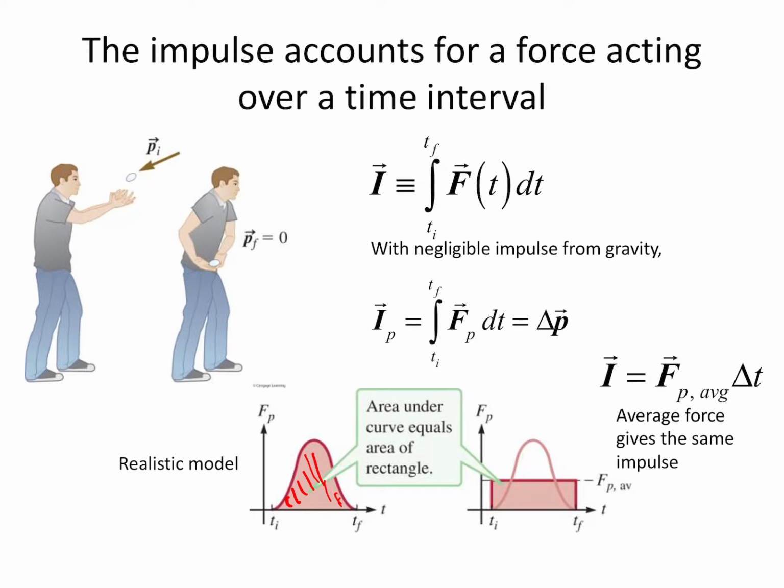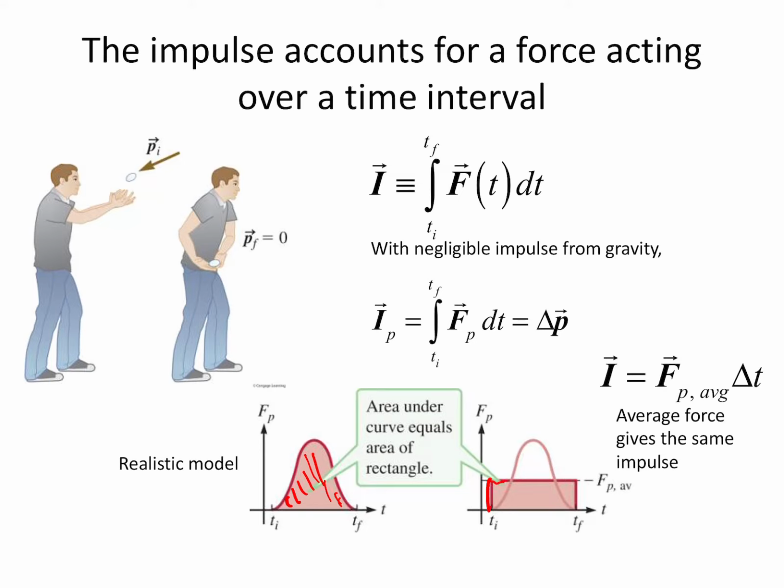Now in a lot of cases, the force is not a constant. So we want to find out how big this impulse is, or what would be the average force induced by the impulse. So we introduce a concept called average force.